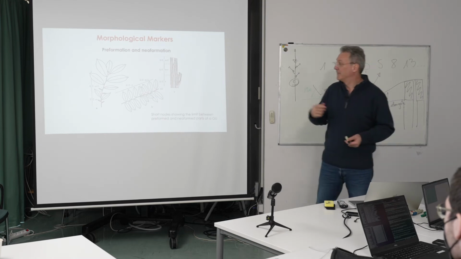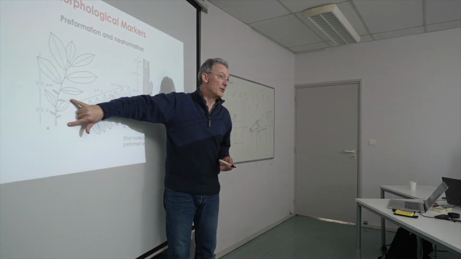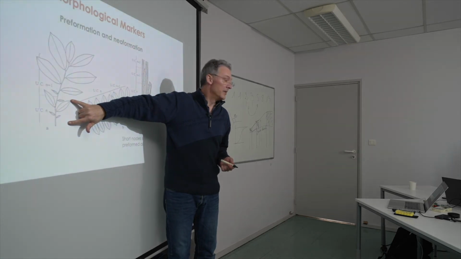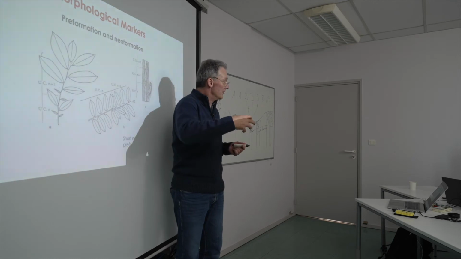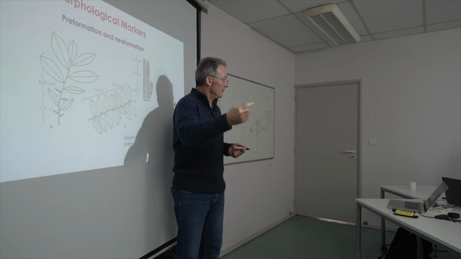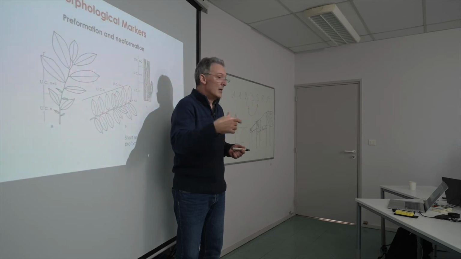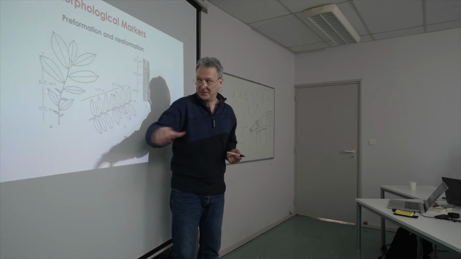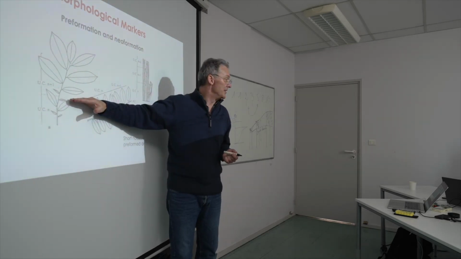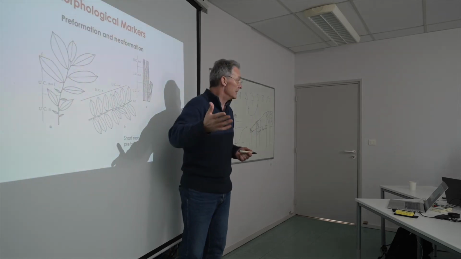Okay? So these were preformed structures within the bud. And then the process will stop because all the structure will be elongated. And then growth may resume after this first phase of creating the first growth unit and creating organs on the fly.